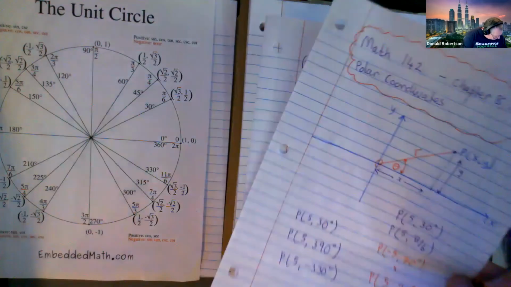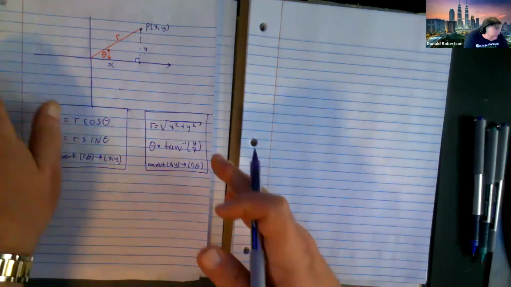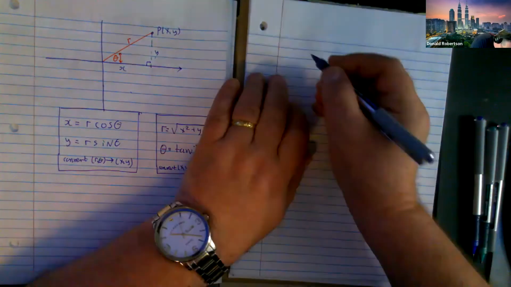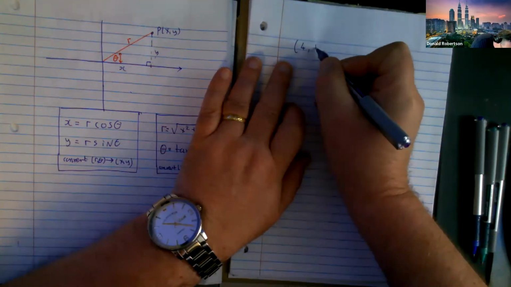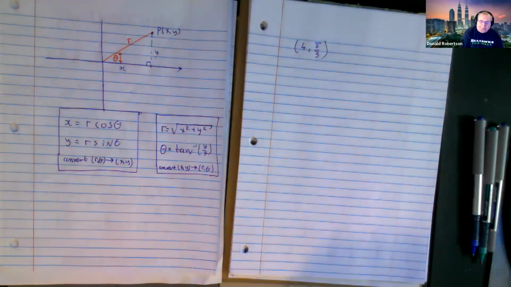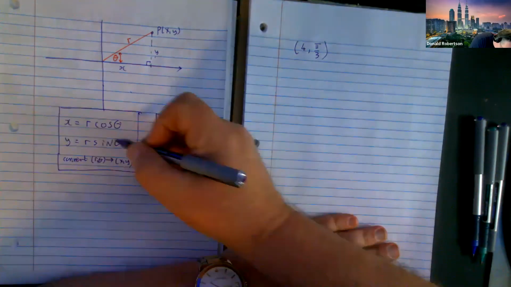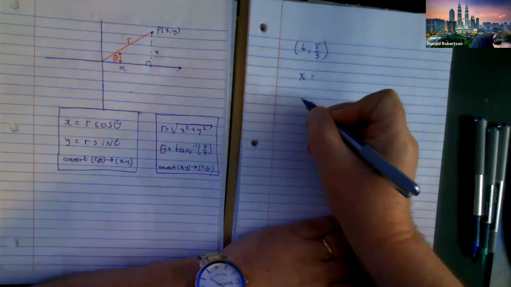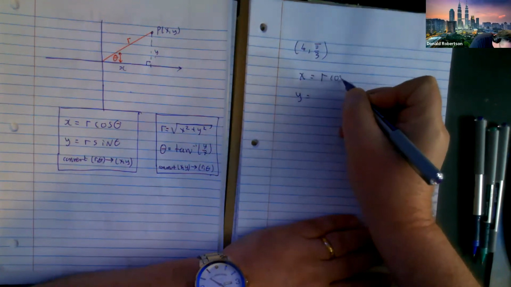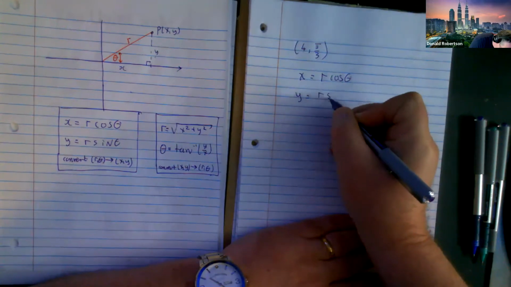So I'll try to get my paper wrapped up. Let's do the other conversion. Let's do that one. I want to turn it into Cartesian. A little bit easier because you basically have a formula that you use and you plug and chug.